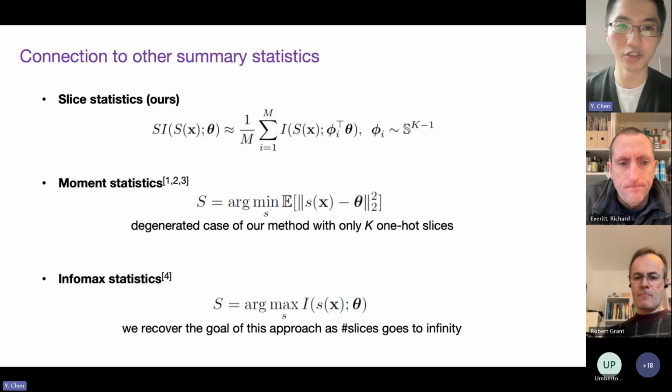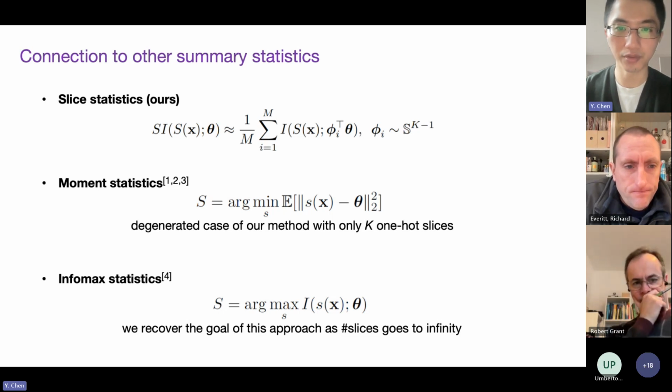I would like to draw some connection between our developed approach and some existing work. Above here, this is our sliced sufficient statistics, which try to maximize the average of mutual information in the projected spaces. So this is actually closely connected to the moment approach and also the information approach. Let's look into the details.